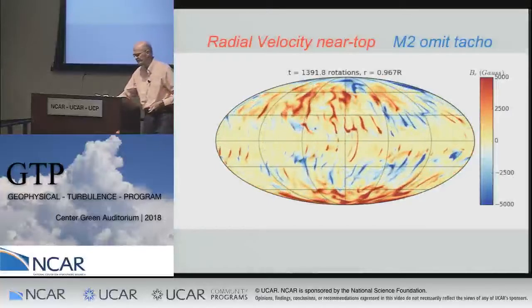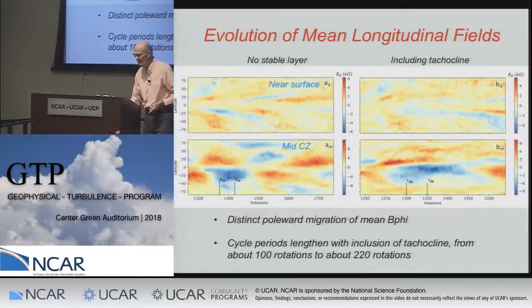The other looks fairly similar. And so what do you get with this stuff? Well, you certainly find that you can build fairly strong magnetic fields. If we look at these time-latitude diagrams where we've averaged in longitude and ask, as a function of latitude, how do these things vary in time? The behavior near the surface and in the middle of the convection zone.